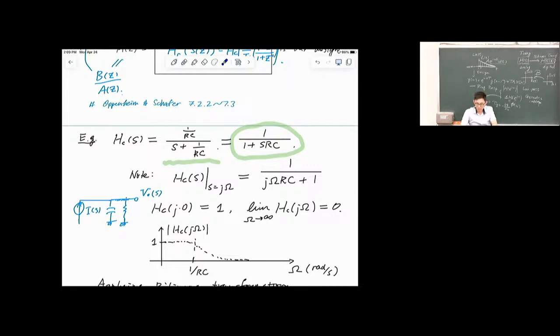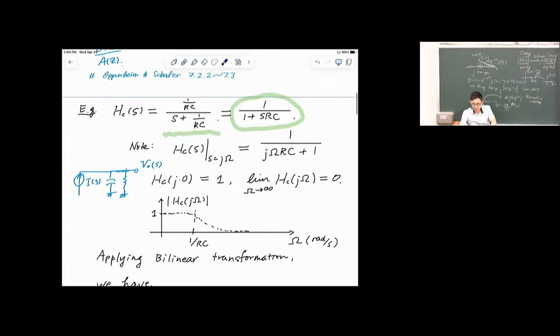Just simply replace S with j big omega. That gives us the frequency response. And from our previous discussion, or just by looking at this expression, you can convince yourself that at DC we have unit gain.